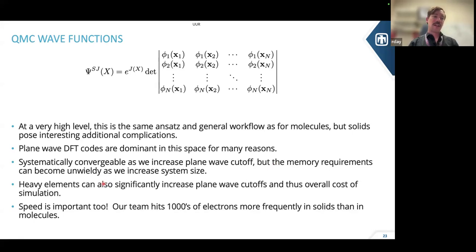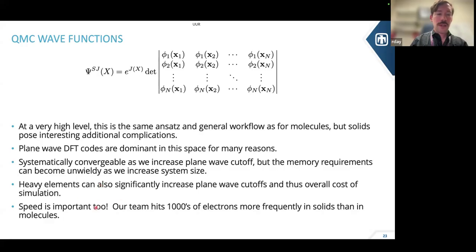The other thing is that we need to increase the plane wave cutoffs, how many basis functions we use to represent our orbitals, usually by going to higher K vectors. One of the unfortunate things is that when you go to heavy elements, you do need to resolve very small length scales to reasonable precision. So if you have a solid calculation with a very localized charge density, that is going to increase the calculation significantly over and above all the other problems we're dealing with in a solid state calculation.